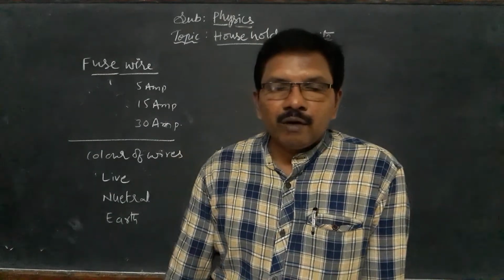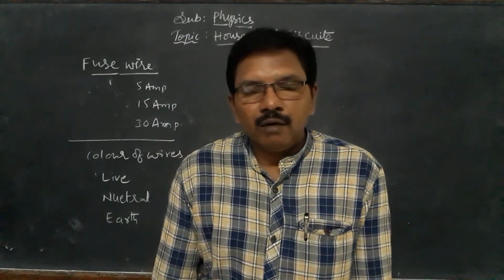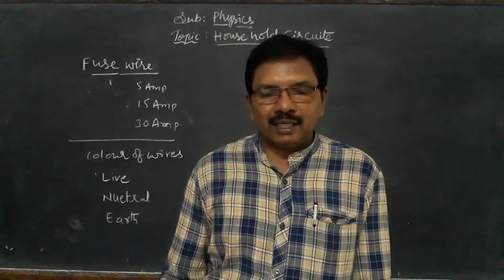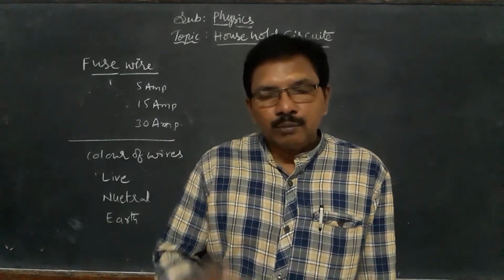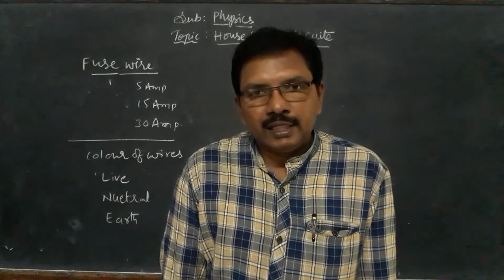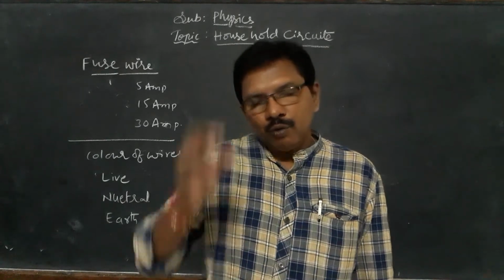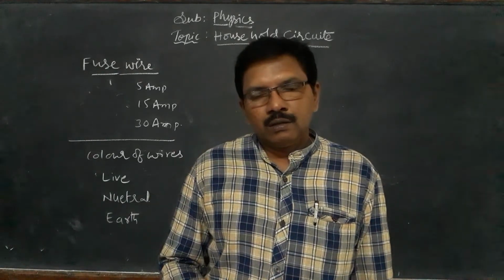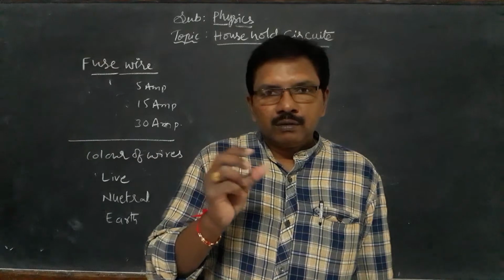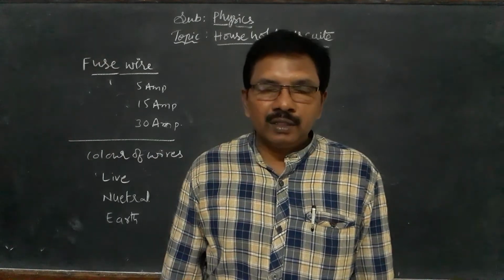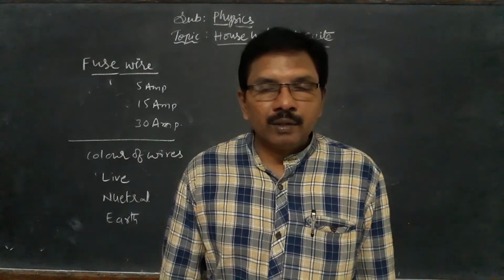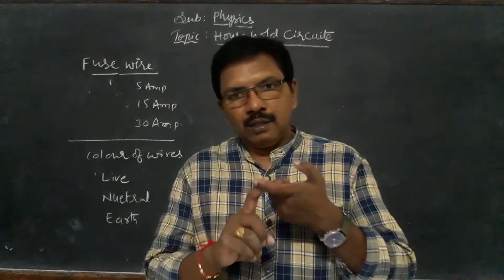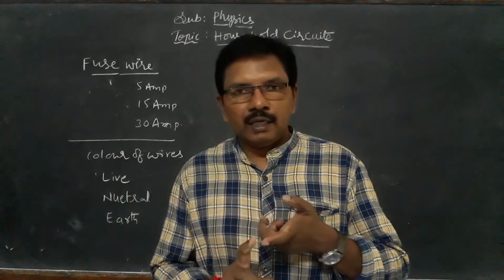Next, the wire should not have cracks. It should be in proper, good condition. We should not use old wires, because we can see cracks in old wires. That may cause earthing of wires.